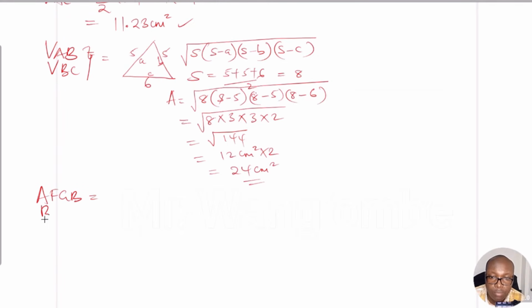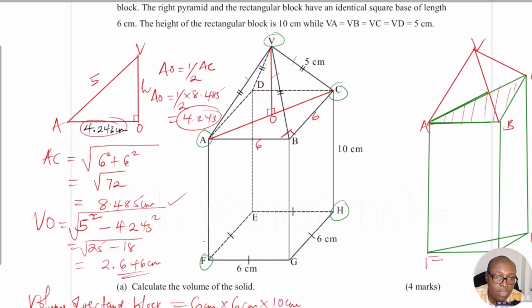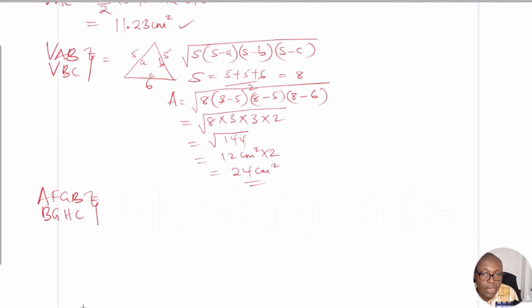You can see BGHC from the diagram, and AFGB. They are similar. They are rectangles, and they measure 6 by 10. 6 centimeters, then 10. So we shall multiply 6 by 10, and then we multiply by 2.